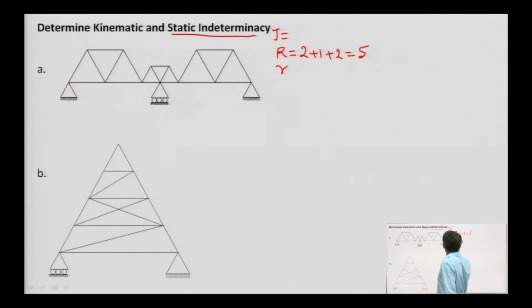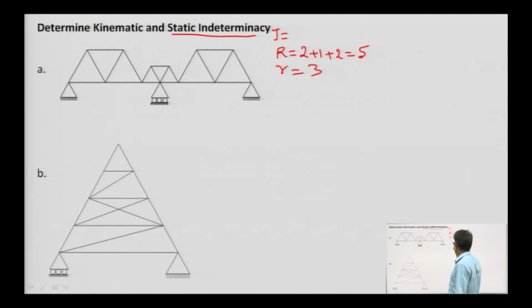Small r is 3, the equilibrium equations. And additional degree of freedom, no here, because we are calculating static indeterminacy.